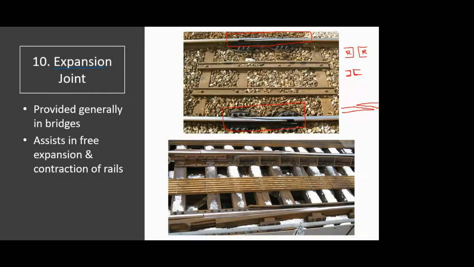At the end both rails have the same width, but the structure is just like a jigsaw puzzle. So the structure is different at this joint, and this gap acts as an expansion gap on both sides.